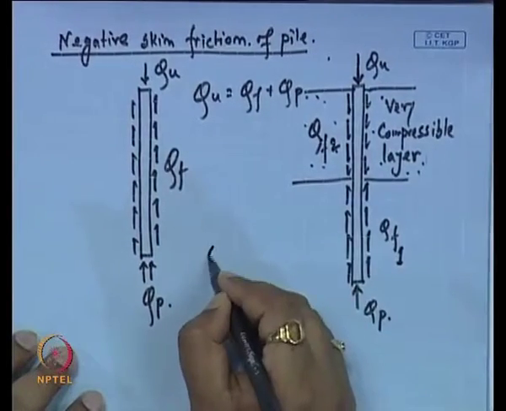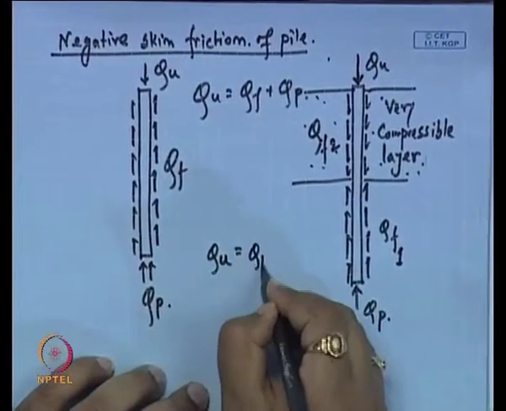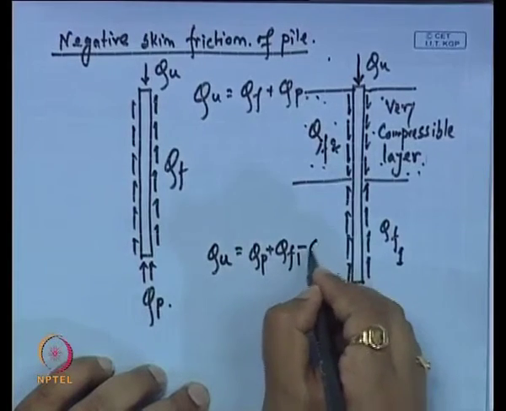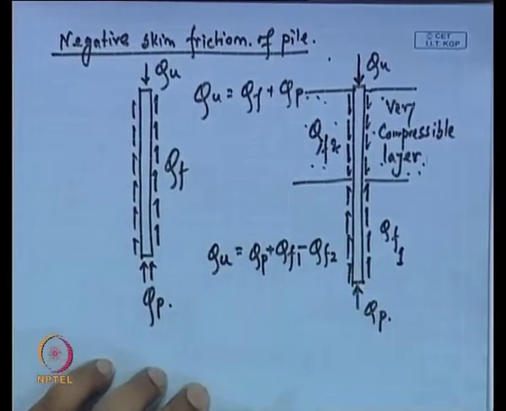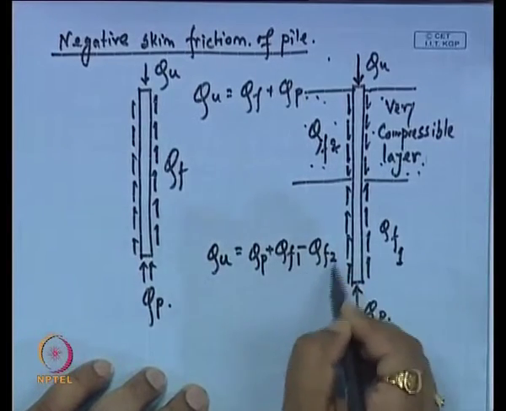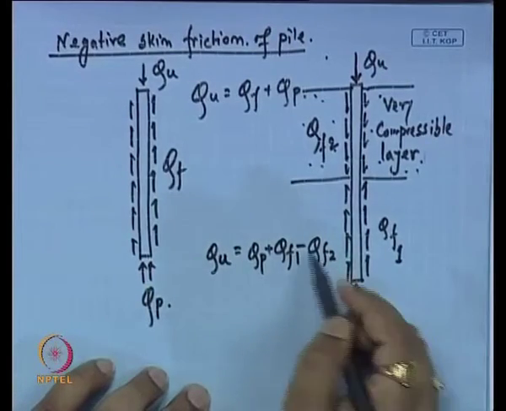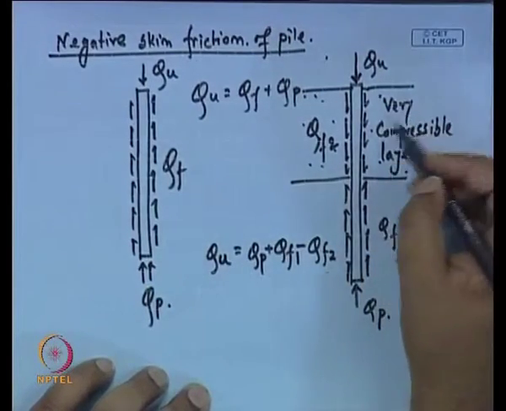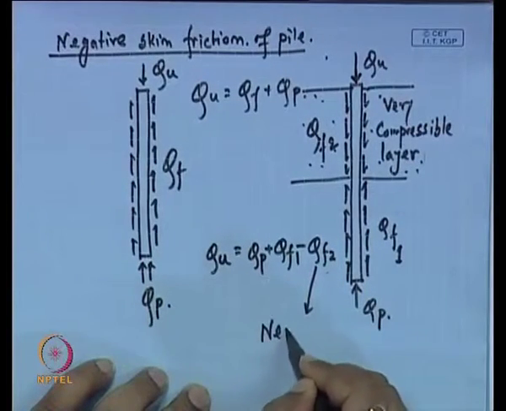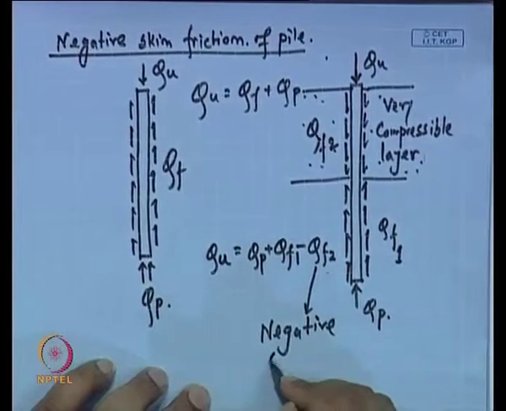So, you can calculate Q u as Q p plus Q f1 minus Q f2. That means we are losing some resistance or load due to this negative skin friction. So, this Q f2 is called the negative skin friction of the pile.